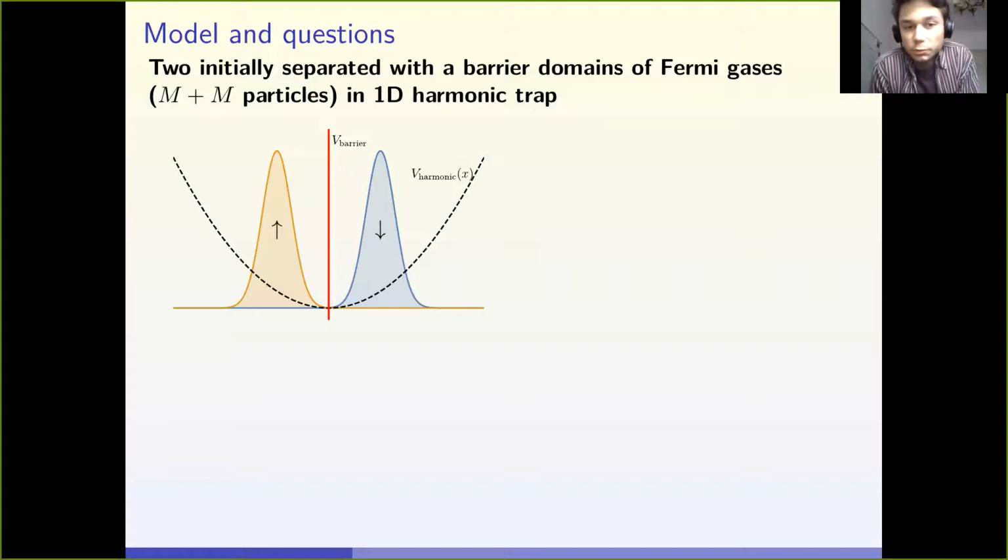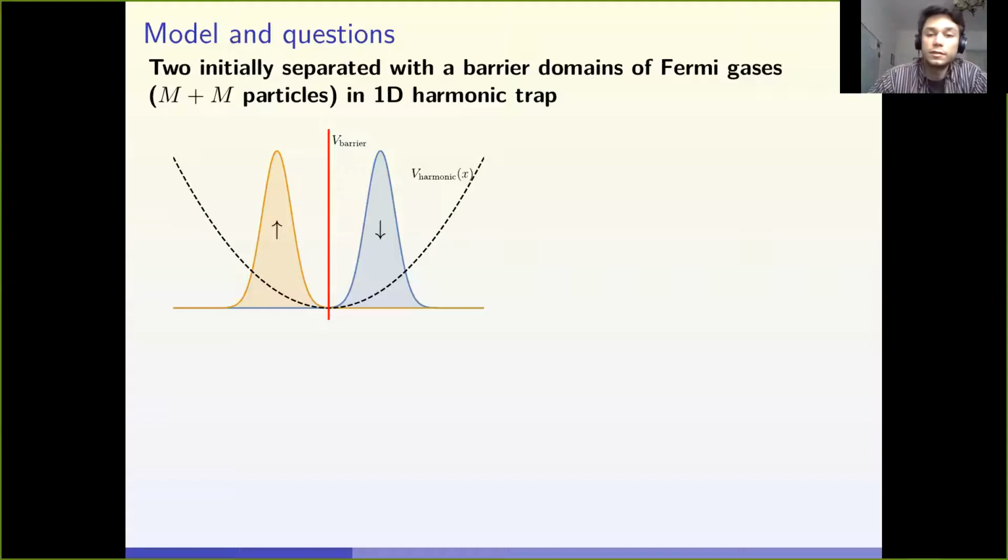We considered, first of all, a one-dimensional harmonic trap. We cannot go higher because of the computational complexity. Here we have N up fermions, and here we have N down fermions, the other species. Initially, the whole system is separated with a barrier.